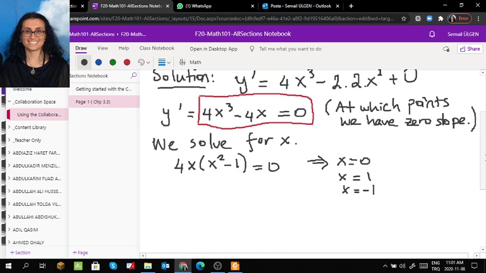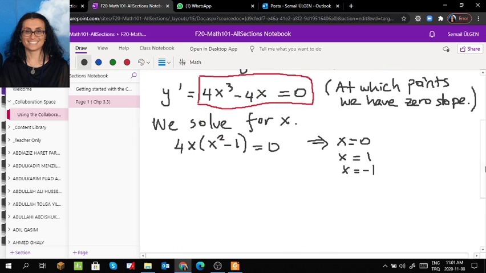And how about the tangent line equations? Let's find the tangent line equations as well. So we found that at these points we have zero slopes, so we have horizontal tangent lines. We can say horizontal tangent lines are in here.